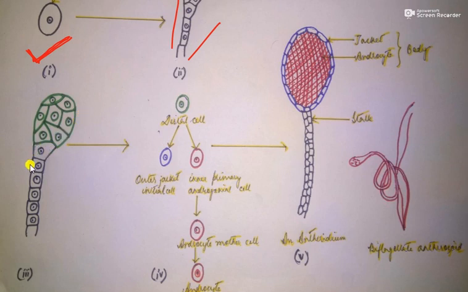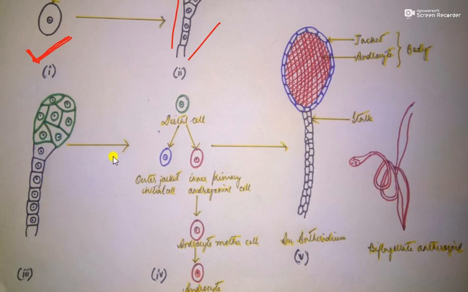The remaining cells will form the stalk. You can compare this to the final diagram. This green colored part will give rise to this body, and this lower black colored part will give rise to this stalk.